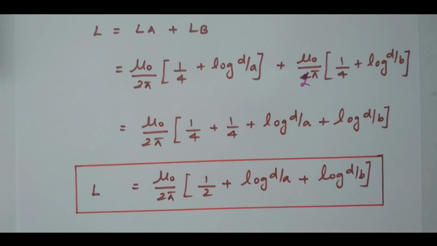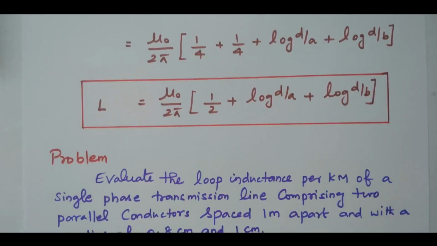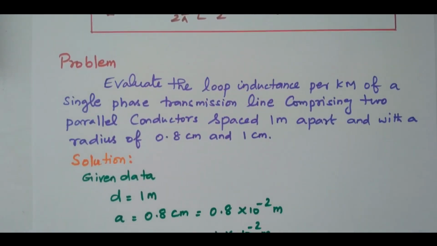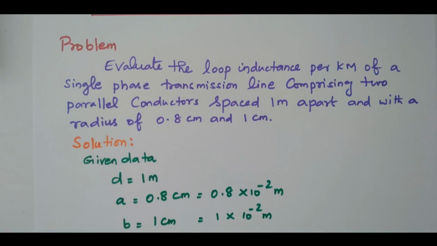Now based on this we will solve one problem. Evaluate the loop inductance per kilometer of a single phase transmission line. Right? We need to find the loop inductance per kilometer of a single phase transmission line comprising two parallel conductors spaced 1 meter apart.